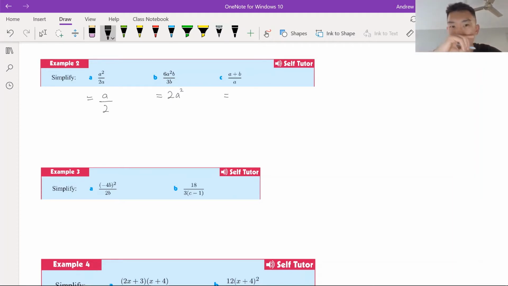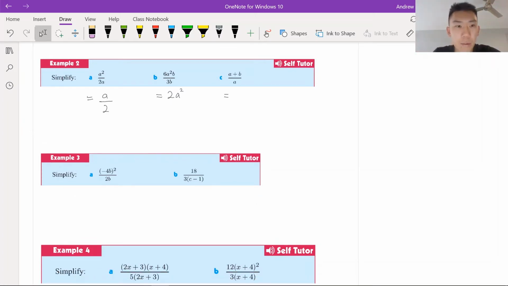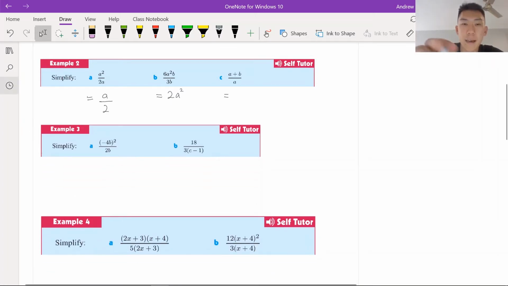Now this one, the only way we can simplify it really is, we cannot cancel the A's, so please don't do that. The A in the numerator is not a factor, it's a term. We can't cancel terms.